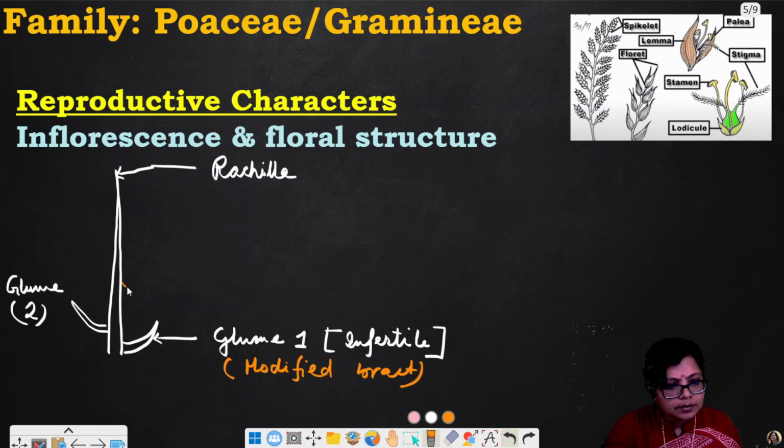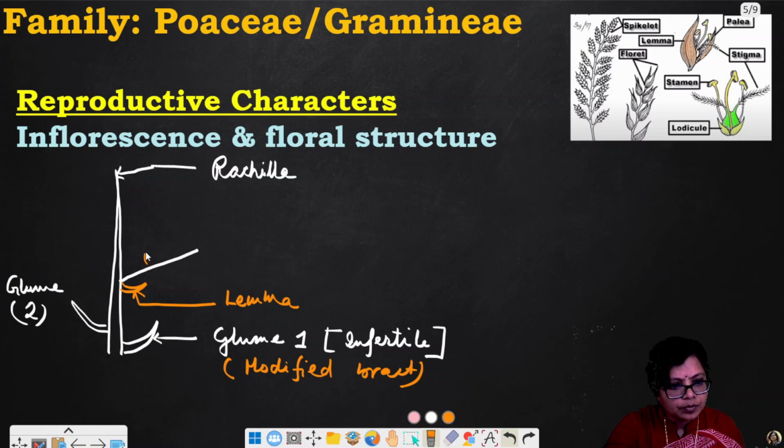Now, a fertile bracteole named lemma is present. In its axil, florets develop.